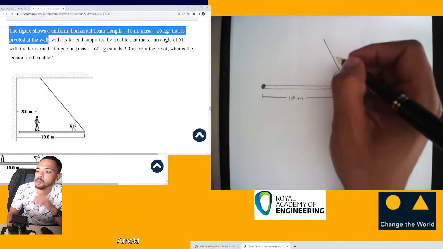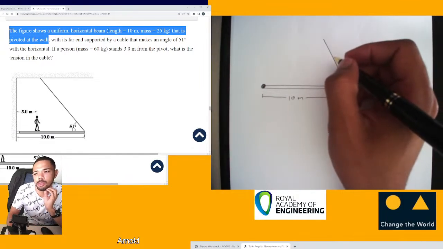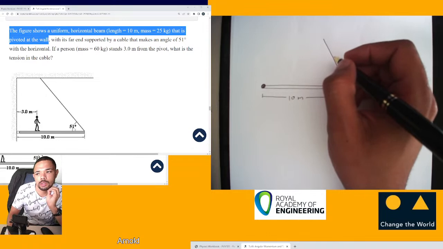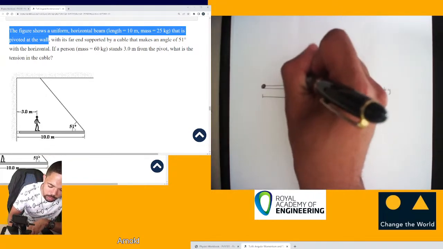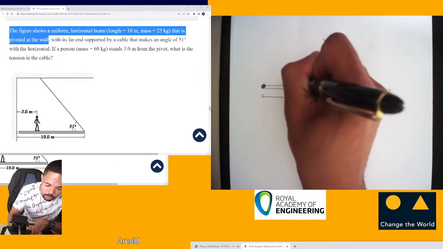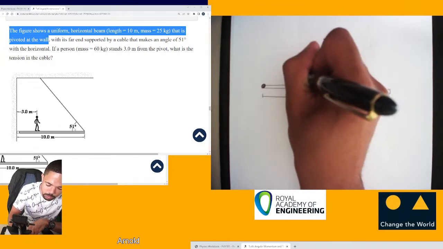And now they say if a person of mass 60 kilograms stands 3 meters from the pivot, there's the pivot. So here's a person. Okay, that's my stick figure there.